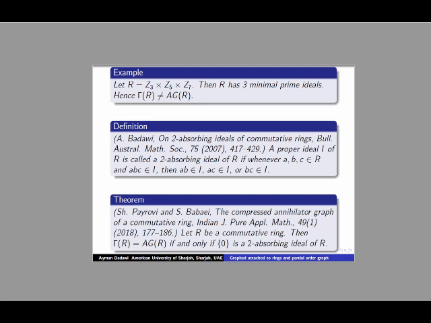This ring has exactly three minimal prime ideals, and the ring is reduced. So that means these are not the same, because the ring is reduced and the ring has three minimal primes, so you cannot have the zero divisor graph the same as the annihilator graph. Why? By this theorem.